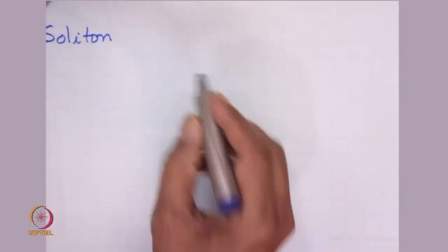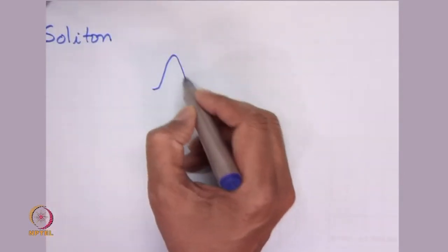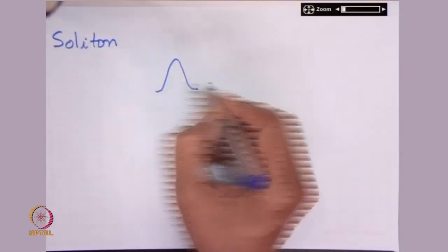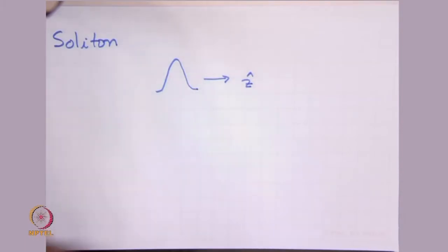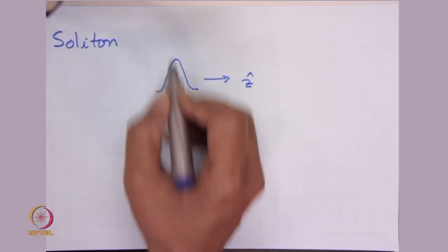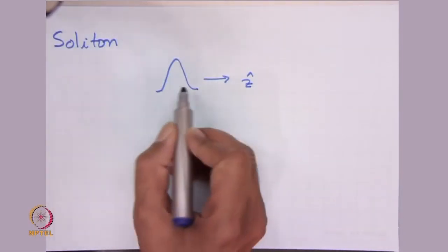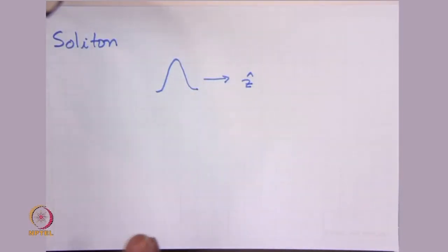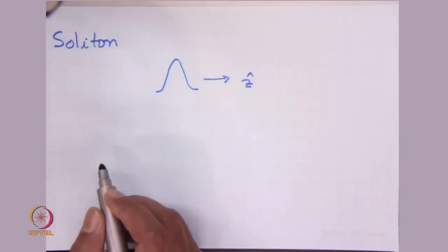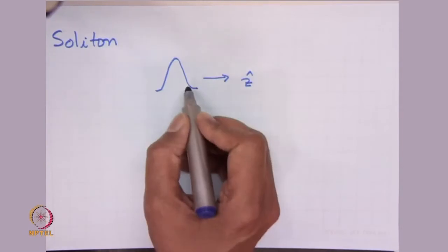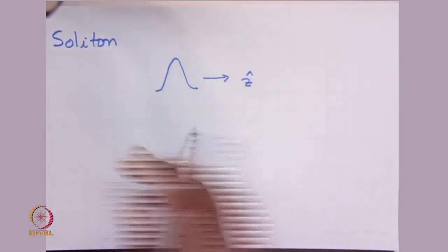You know, if I send a pulse which is limited in time, suppose this is my pulse traveling in a medium in the z direction, but it is localized in space and time. The laser may have uniform intensity in the xy plane, but suppose the pulse is of finite duration and limited in space and time and is traveling like this. Then this pulse is equivalent to many frequencies.